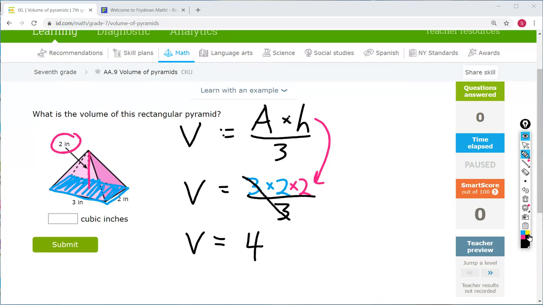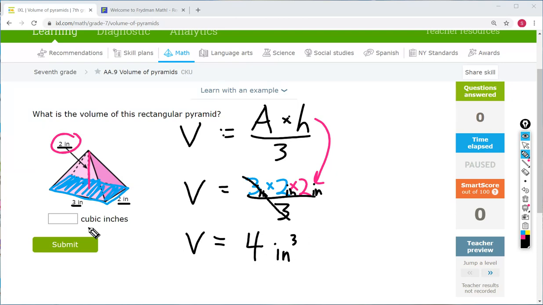And I always like to do a little bit of unit analysis. So this 3 over here, and this 2 here, and this 2 here, these were all inches. So if we have inches times inches times inches, and this is dimensionless, then in our answer, we're going to get inches to the 3rd power.